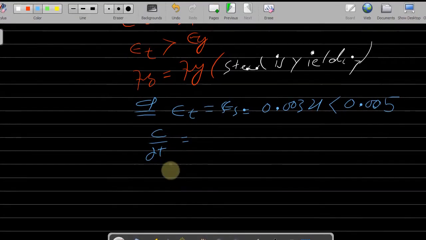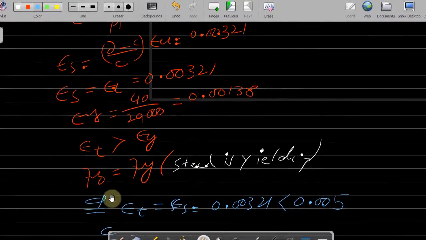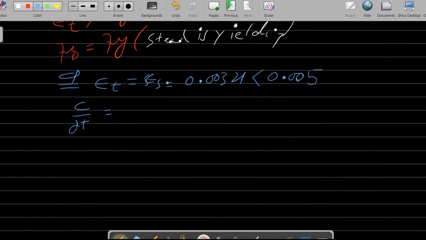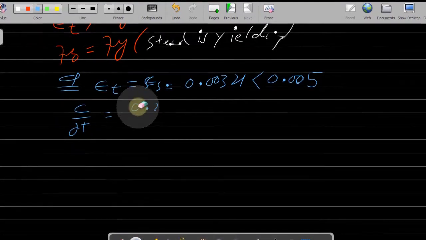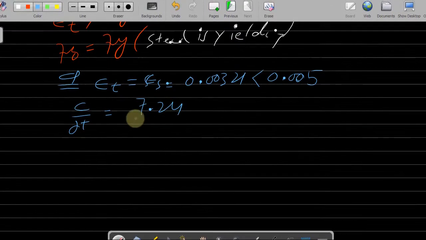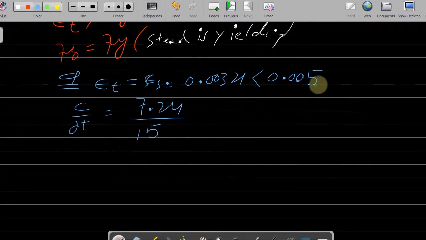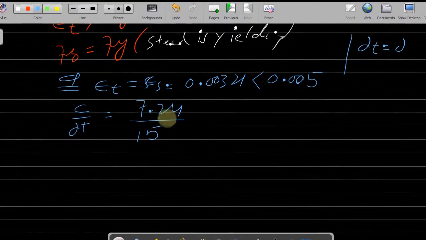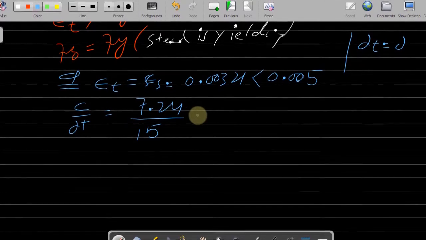We know the c value, that is 7.24 inches, and we know the dt value, because d in this case equals dt, that is 15 inches, because one layer of steel is used. If you divide this c over dt, you get the value.